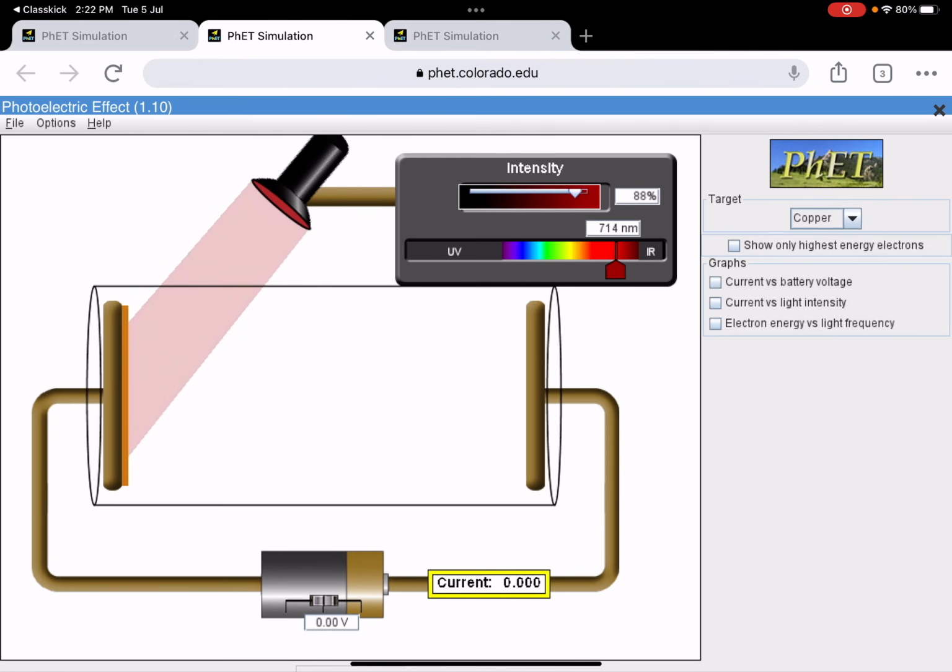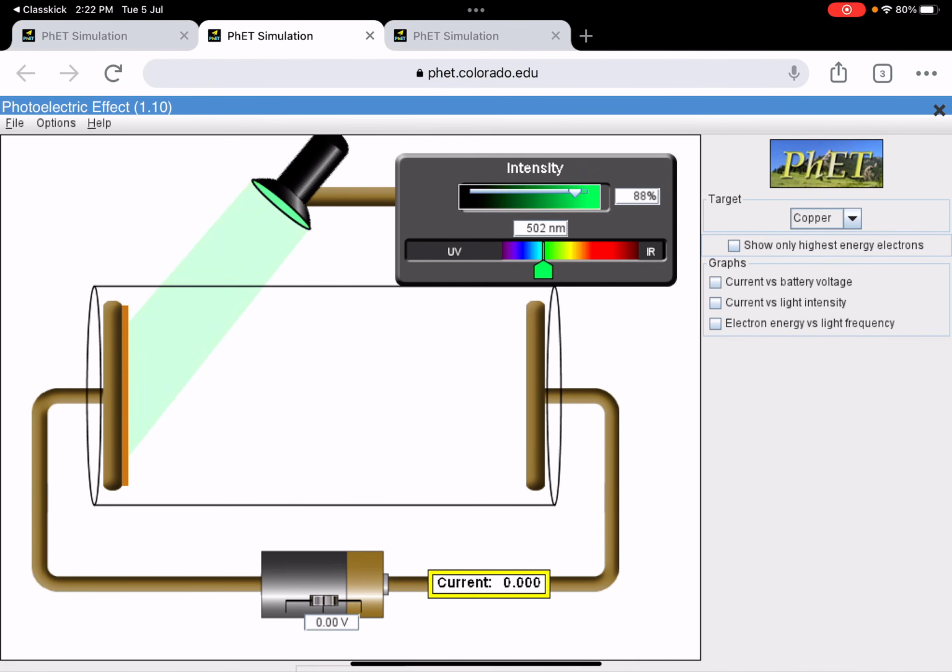Now let's start increasing the energy. And as you can see, the lambda, the wavelength, is getting shorter. I'm increasing the energy of the light directed toward the metal. But still, whether the intensity is low or high, no electrons are ejected. We did not meet the threshold frequency yet.